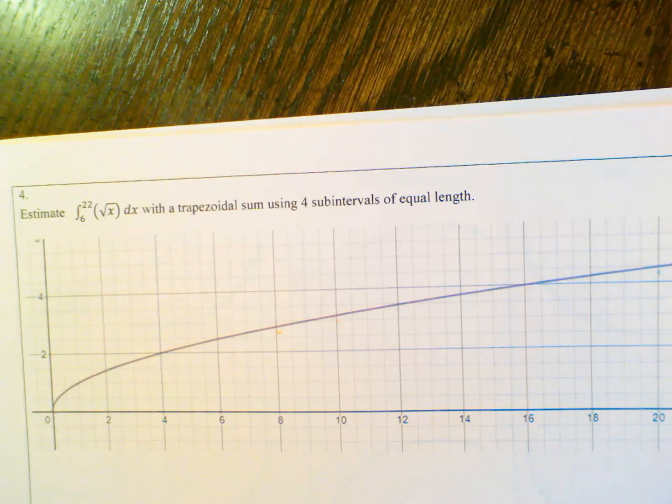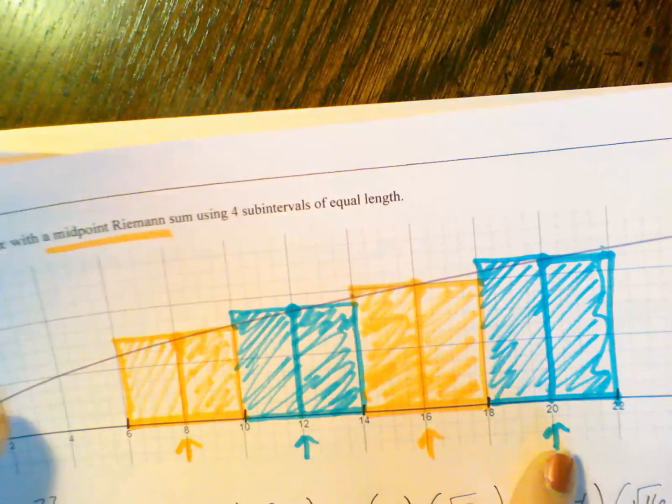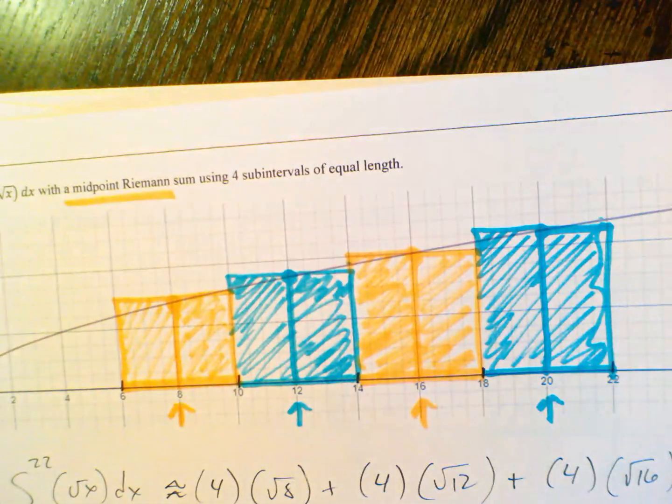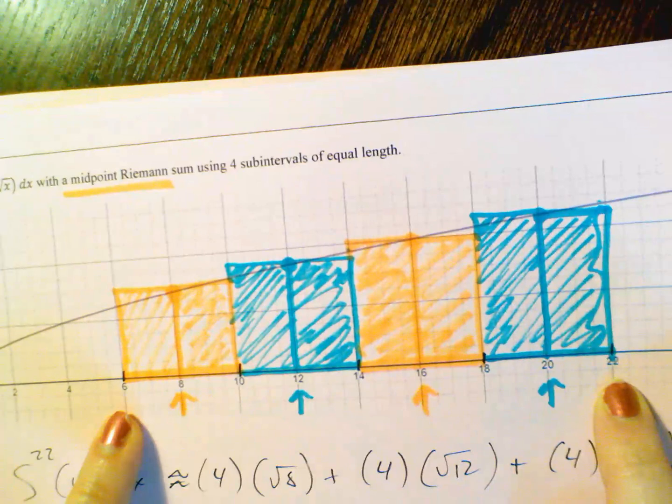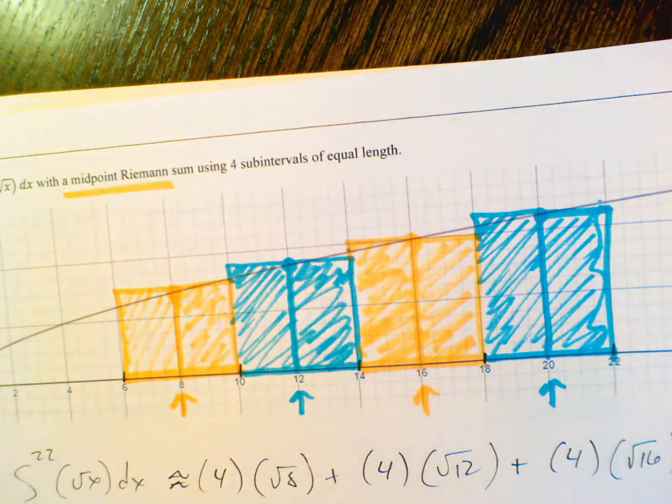A way that you could make a Riemann sum with rectangles more exact is to use more rectangles. Like if we used 6 rectangles instead of 4, it would be a better approximation. If you used 100 rectangles, it would be a very good approximation.